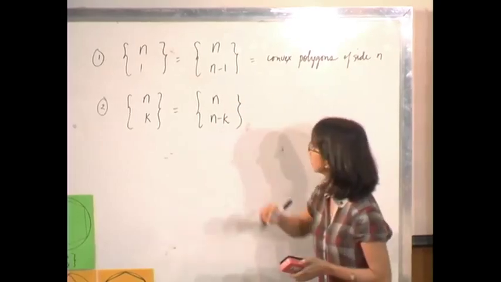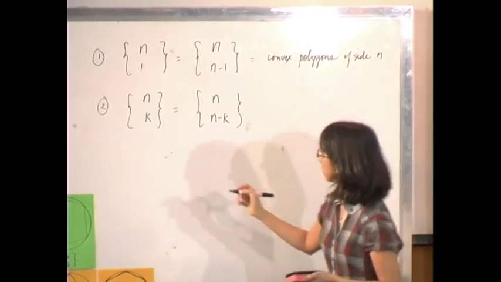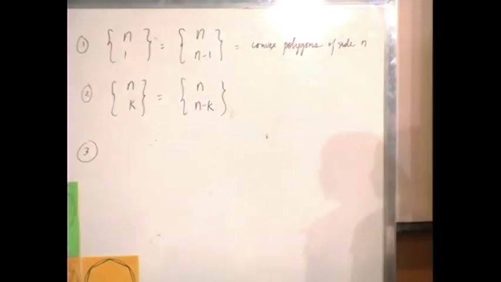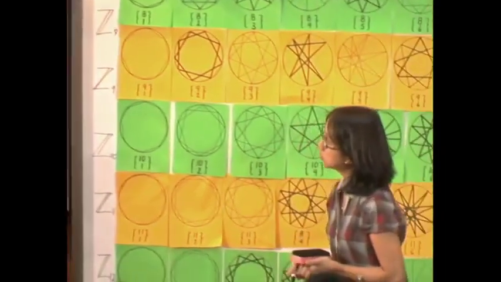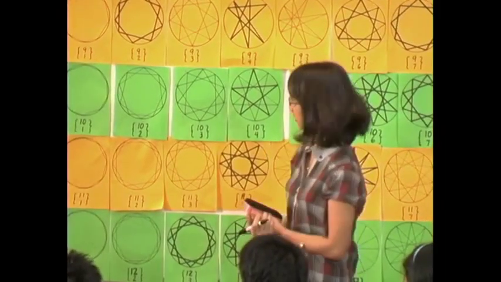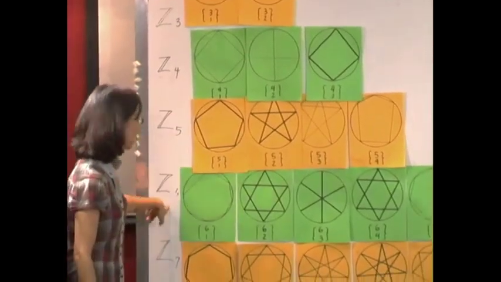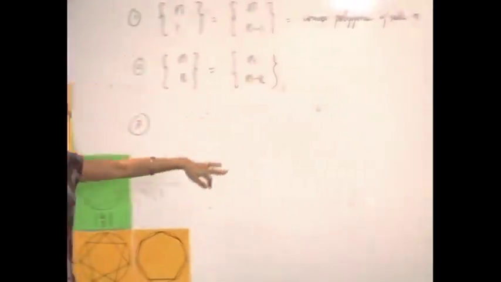All right. What else do you notice? Any other observations? Look at the green ones. The middle portions of the green ones. What can you say about the green ones? The green ones are the 4, 6, 8, 10, and 12.